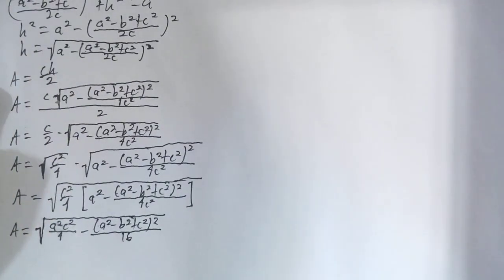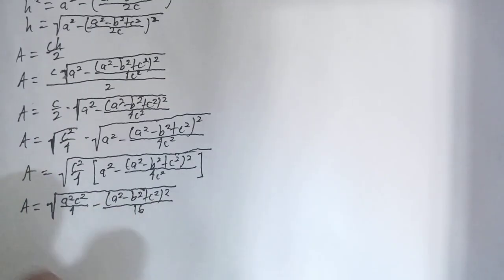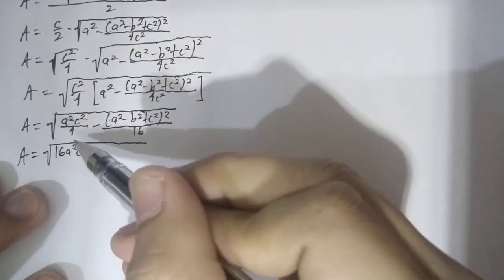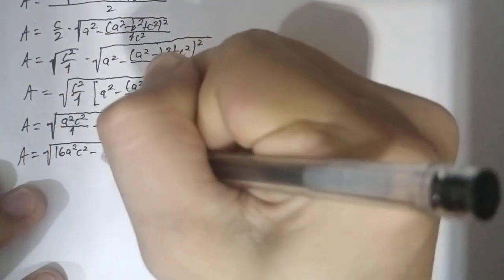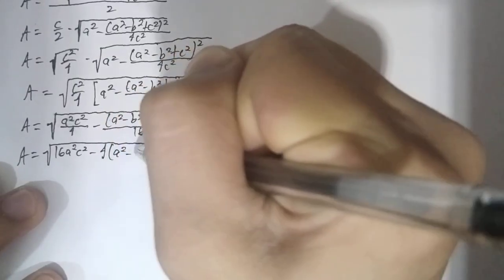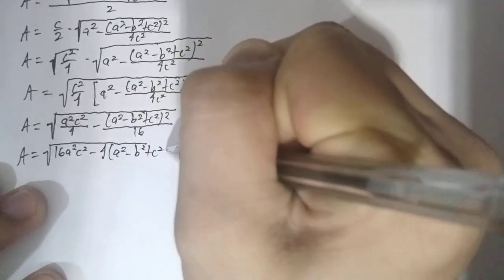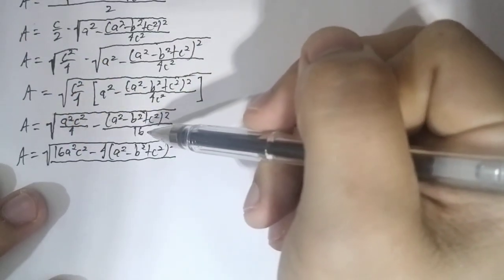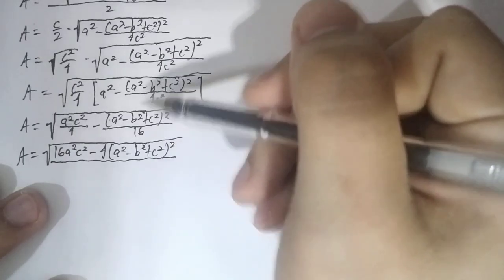There you go. Then next, by evaluating this difference of fractions, we could see that the area of the triangle is equal to 16a squared c squared minus 4 times that, it will be 4 multiplied by (a squared minus b squared plus c squared), all squared, all over 4 times 16, that is 64, correct?